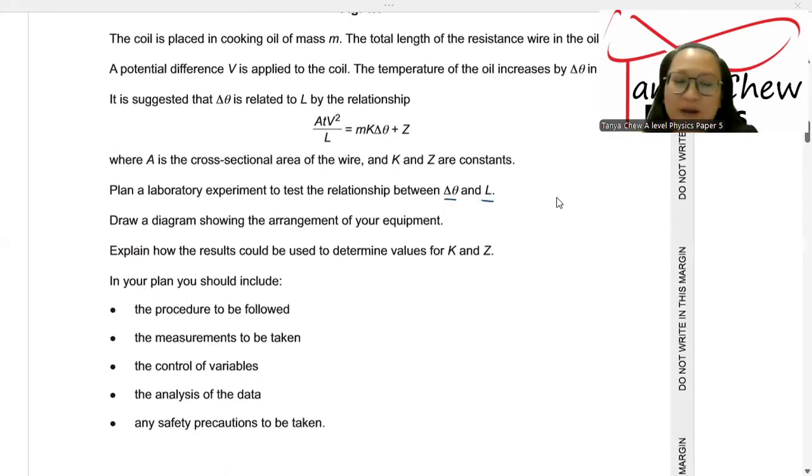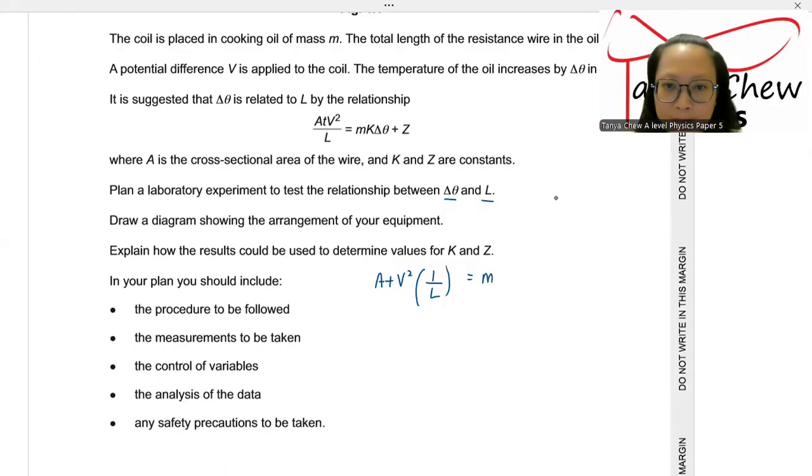I'm going to write down the equation. This is A t V squared. I'm going to modify it a little bit: I put A t V squared and then 1 over L, which is equal to M k delta theta plus z.